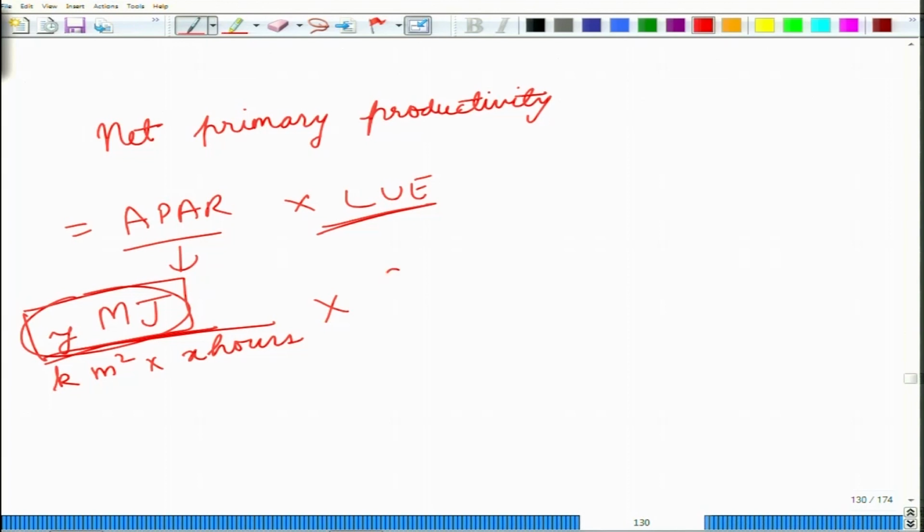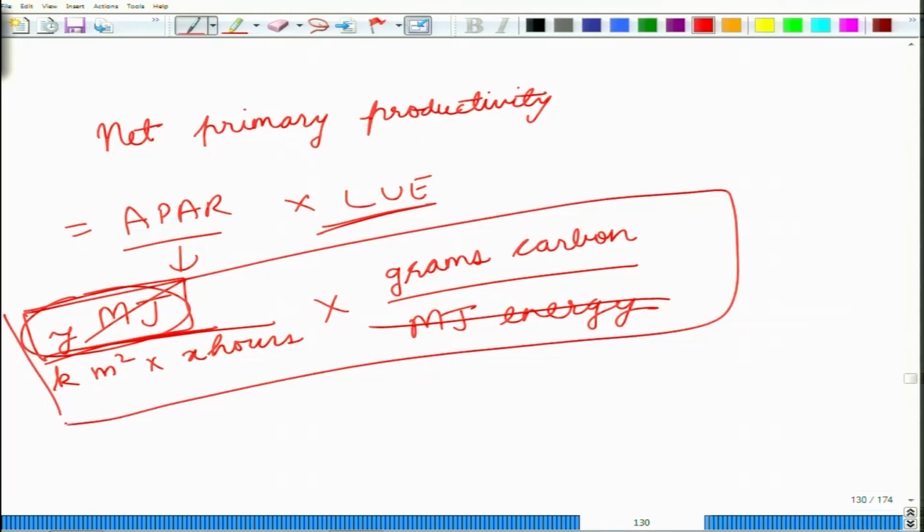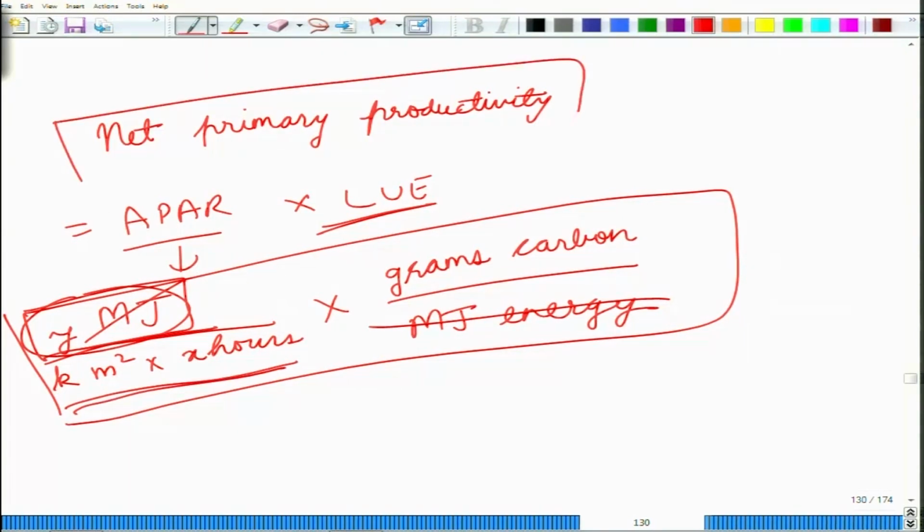So, here we have grams of carbon per megajoule of energy. The megajoules and megajoules get cancelled out, and we have an estimate of the grams of carbon that are being sequestered, or converted in the form of biomass, per unit area and per unit time, which is an estimate of the net primary productivity.